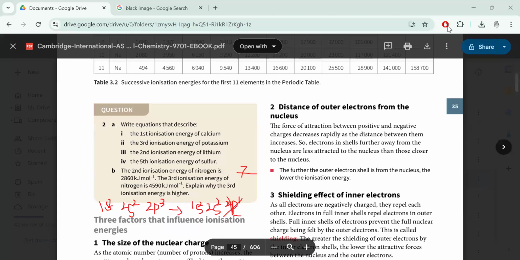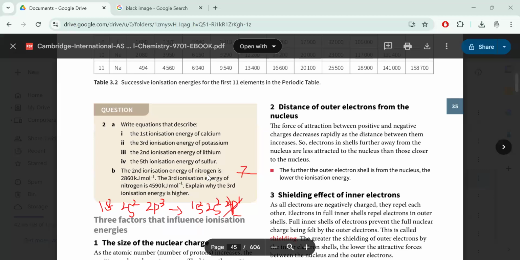Okay, if you have no questions, I'm just going to give a short review. When you remove an electron and the outer layer is removed, the ionization energy becomes significantly higher, because with the electron removed, it becomes closer to the nucleus.